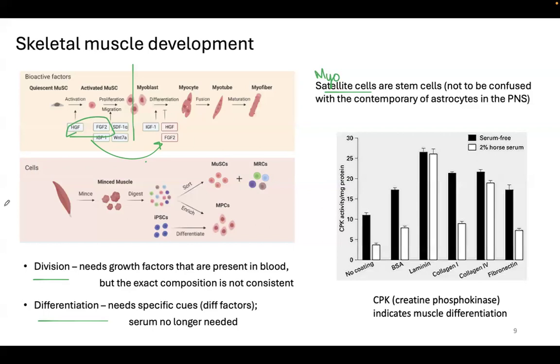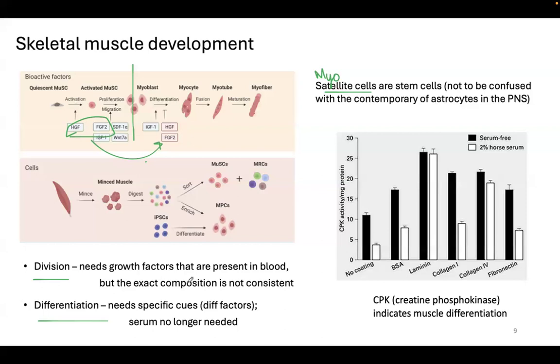Those sera have these growth factors which allow proliferation. But of course, if you take it from an animal today versus tomorrow, it will not be exactly consistent. They would probably have all the things, but their concentrations may not always be the same.